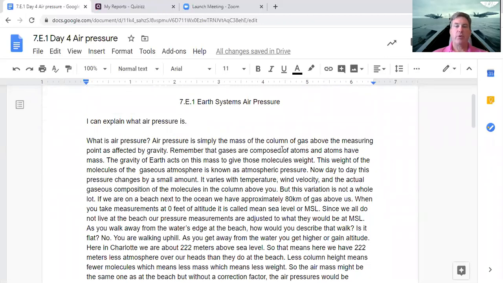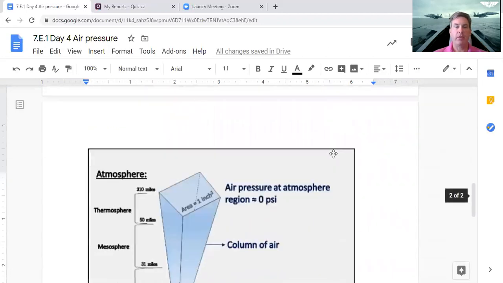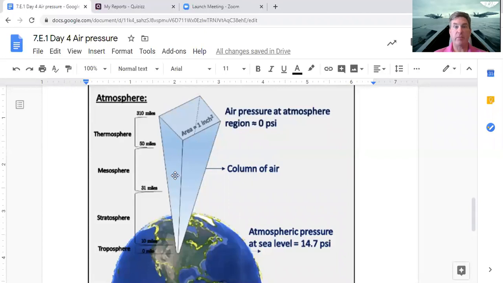So remember that gases are composed of atoms and atoms have mass. The gravity of Earth acts on this mass to give those molecules weight. This weight of the molecules of the gaseous atmosphere is known as atmospheric pressure. Individually, each molecule doesn't weigh much, but when you have a column that's 310 miles high above your head, it gains some actual weight.